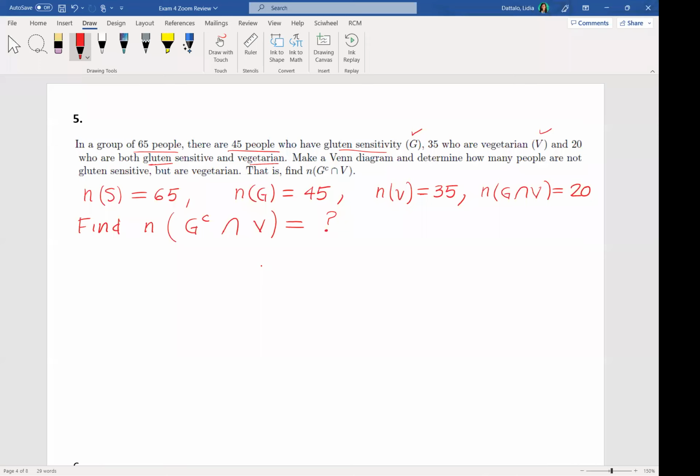Well, let's do a Venn diagram, okay? That's what it says to do. When we do a Venn diagram, it helps us to understand what we're doing here. All right, let me start out the Venn diagram.